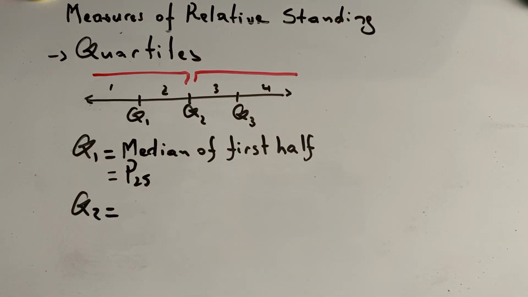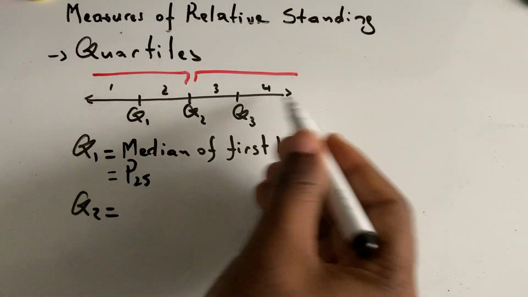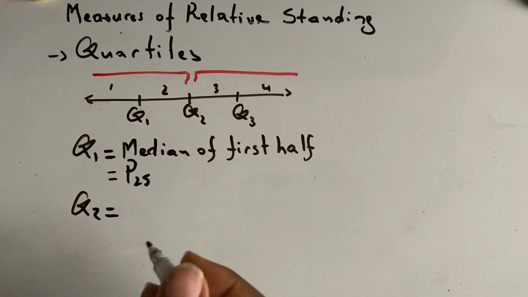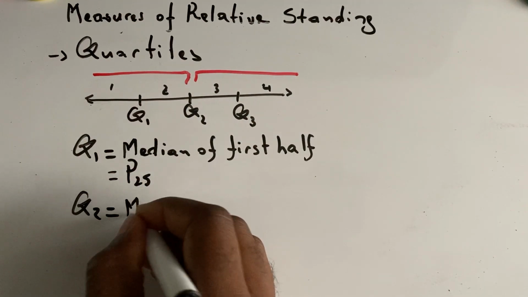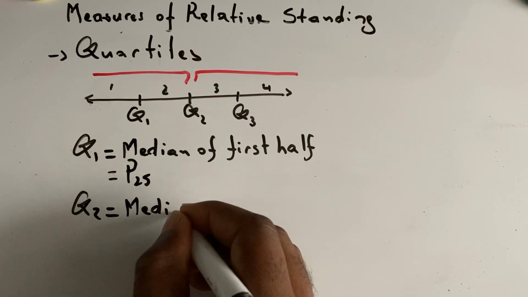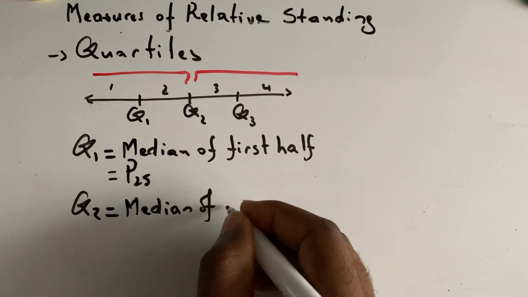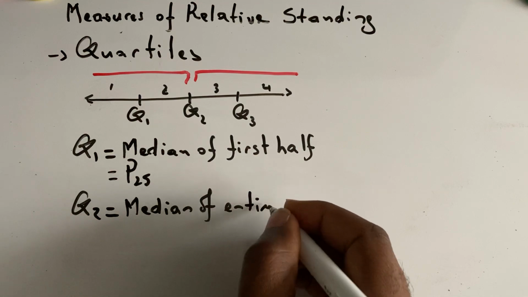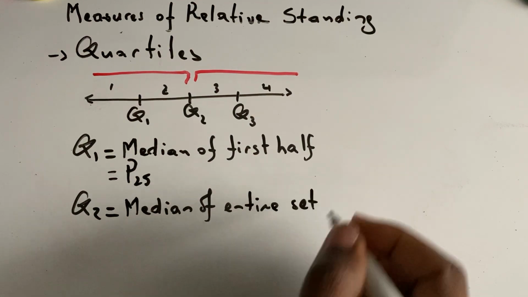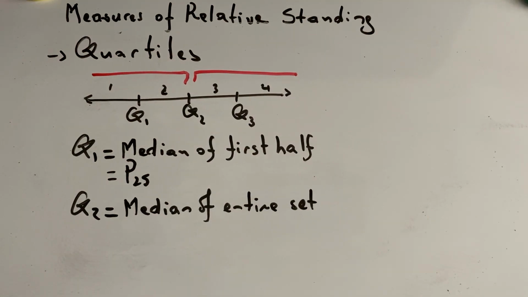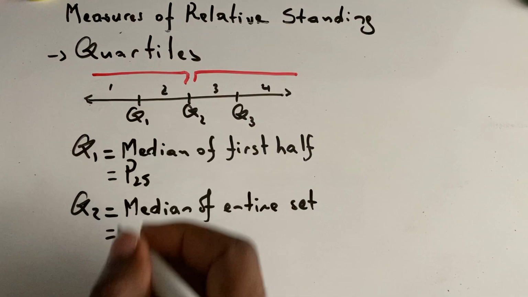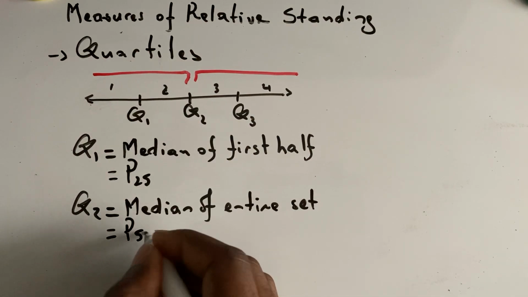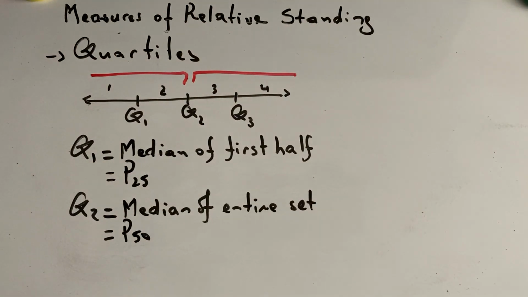All right, now how about Q2? Well, Q2 would be the median of the entire set of data. Again, if you think of doing it by percentile, what percentile would that be? It would be 50, because it's right in the middle, the 50th percentile.